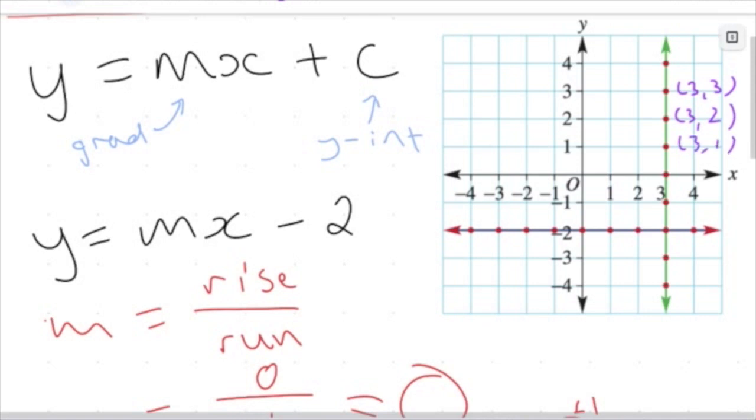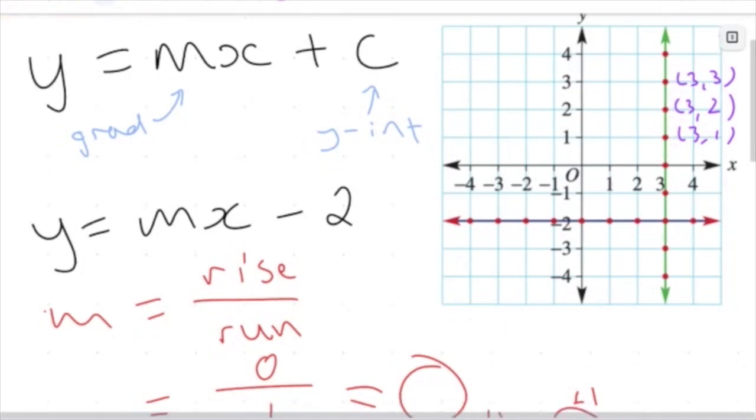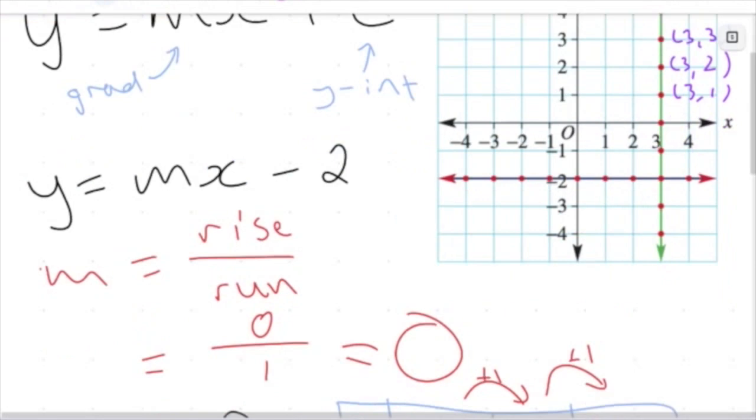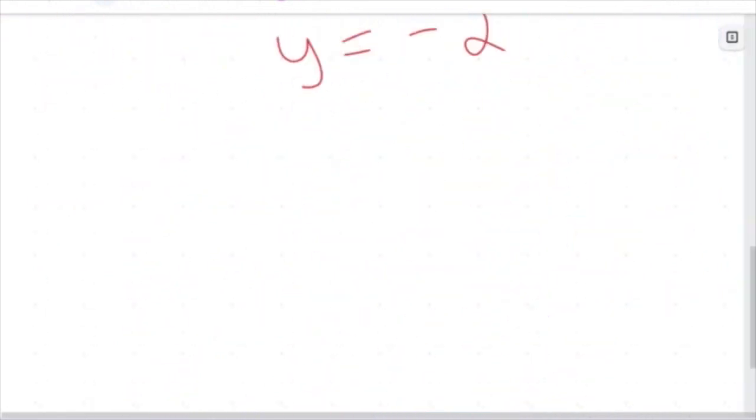Now, if I make a table of values with all of these points that I've selected, 1, 2, 3, on my second graph, my second line here, my vertical line, I would have this table of values. I would have x, y, and that was 3, 3, 3.